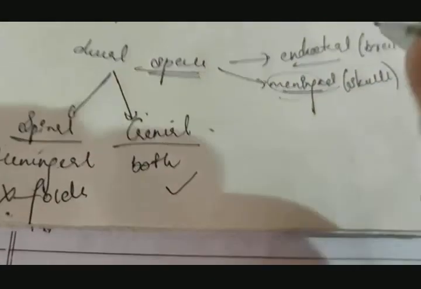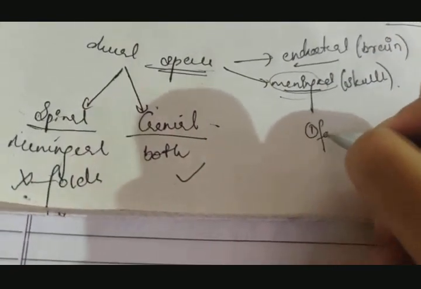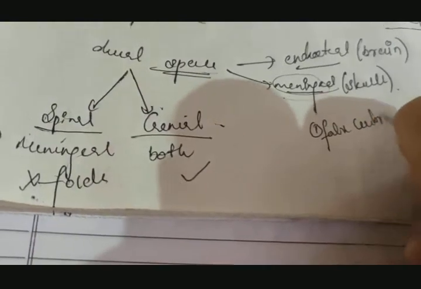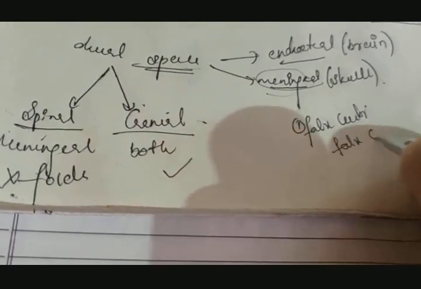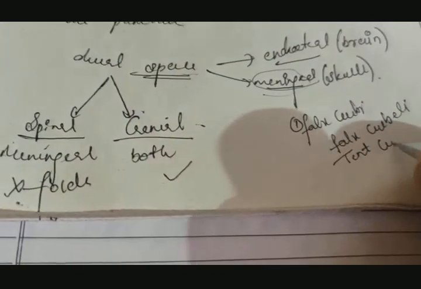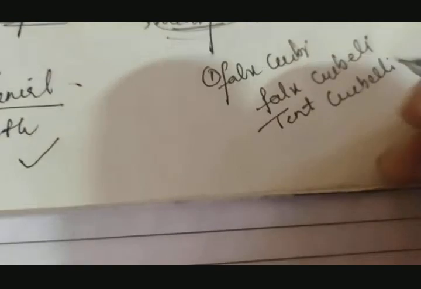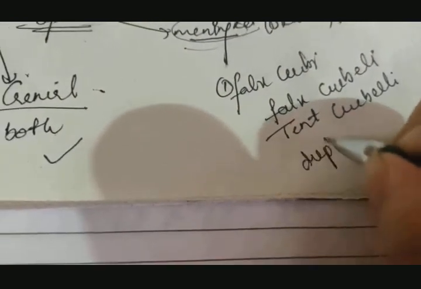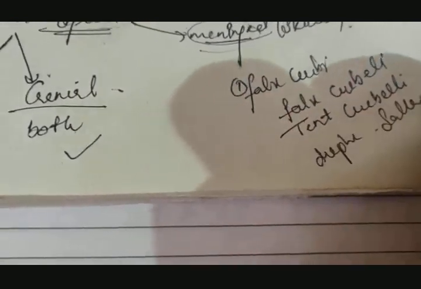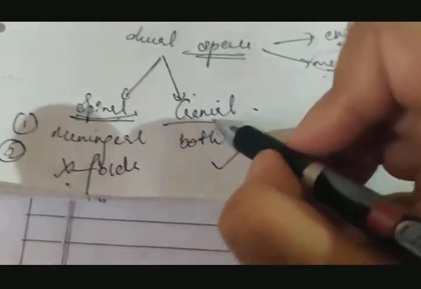The folds I am talking about are the falx cerebri, falx cerebelli, tentorium cerebelli, and lastly the diaphragma sellae. These are not present in the spinal but are present in the cranial.